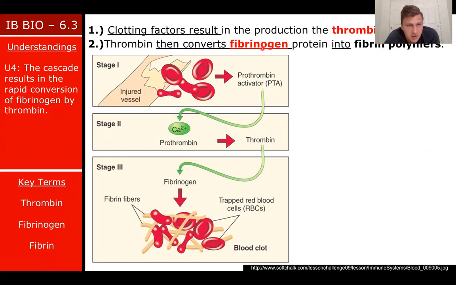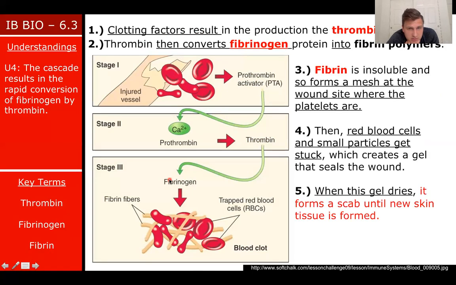So you have stage one, right? Thrombin enzyme is going to be produced because clotting factors were released by the platelets. Then the thrombin will convert fibrinogen into fibrin. So that's an important step, okay? So if you look at a cool picture here, you have fibrinogen right here. So you have damage, you have thrombin being made, right? And then you have fibrinogen.